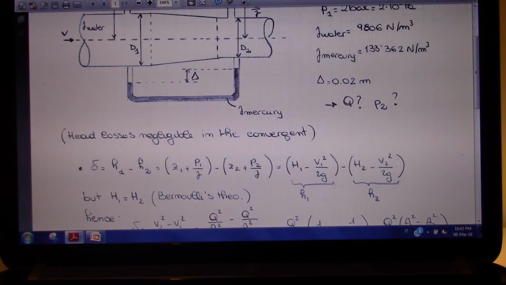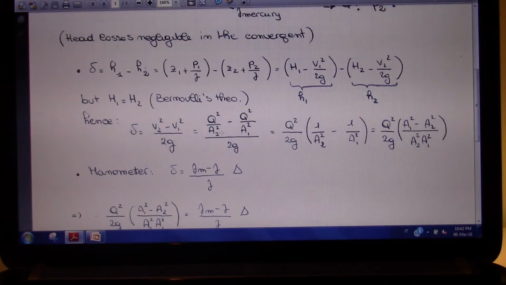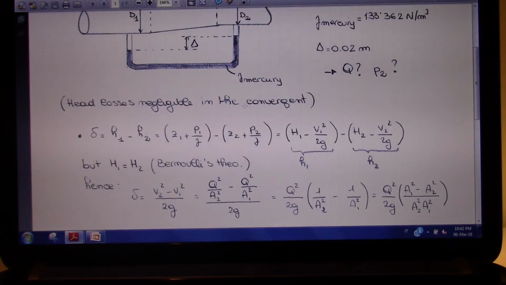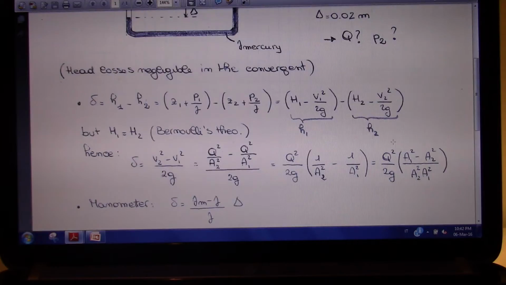So, this one minus this one, but Bernoulli's theorem is valid, which means that the total head, the energy line, is constant, so H1 is equal to H2, which brings that delta is given by V2 to the power of 2 minus V1 to the power of 2 over 2g, which again is Q over A2 to the power of 2, continuity equation, minus again Q over A1 to the power of 2, so basically again continuity equation, over 2g. So it's just another way to write what we have written before.